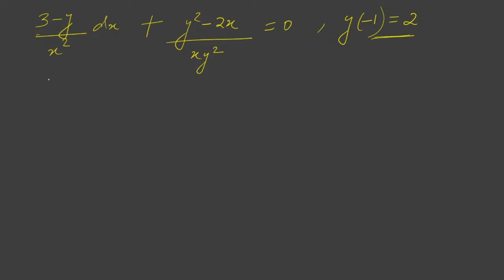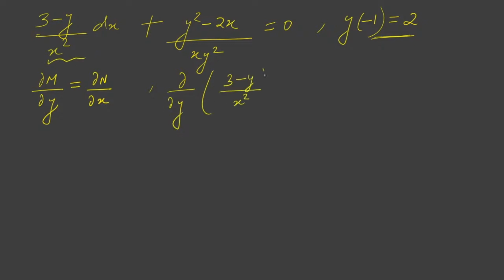Okay, so we can check whether it is an exact equation or not. So del M by del y is equal to del N by del x. So what is del M by del y? So del by del y of this quantity, 3 minus y divided by x square. So 3 by x square is constant, so that can be omitted.